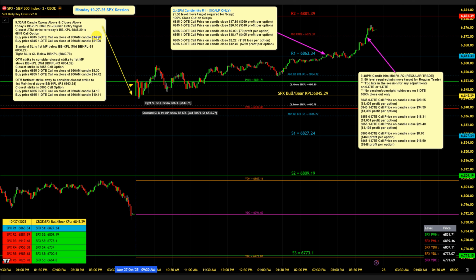So as you can see, that's basically about a 50% price increase from $14.20 to $21. That's how much you're paying for the time value premium to have that extra time value on the 1 DTE that expires the following day at 4 p.m., as opposed to the 0 DTE, which is going to expire at 4 p.m. the same day.